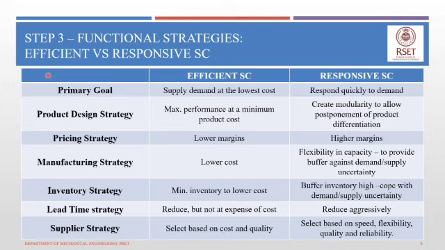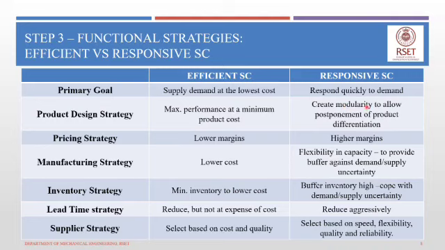When you talk about the functional strategy called new product development, the product design strategy for an efficient supply chain will focus upon maximum performance of the product at the lowest possible cost. Whereas when we design a product for a supply chain that has to be responsive, the product has to be designed with modularity in mind.